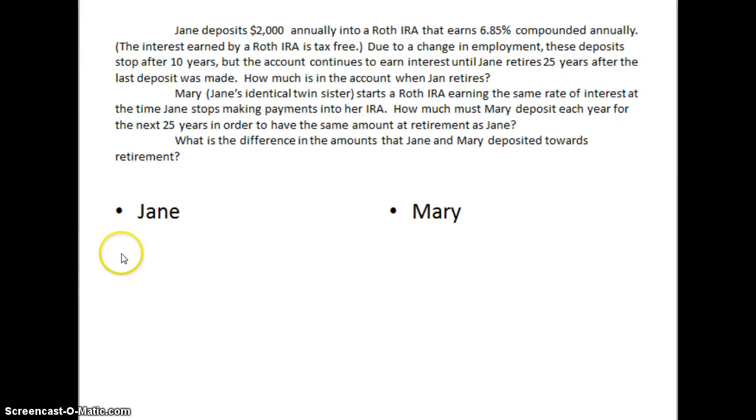Well, Jane is contributing $2,000 a year, so $2,000 for 10 years. And so we can do that math in our head. Jane is contributing $20,000 towards her retirement, ends up with $143,000.